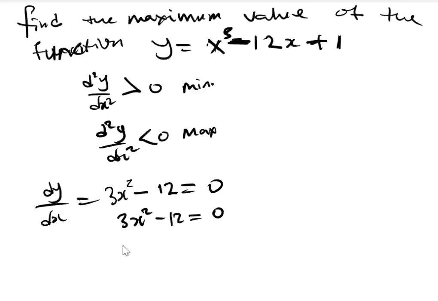Solving for x, we can say that 3x squared is equal to 12, and x squared is equal to 12 divided by 3, which is equal to 4.